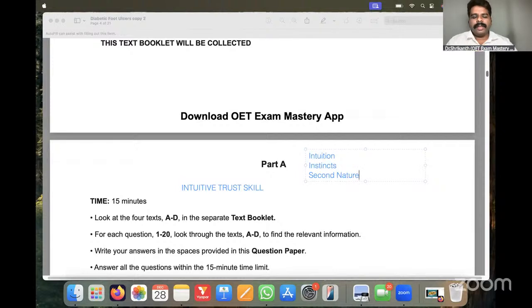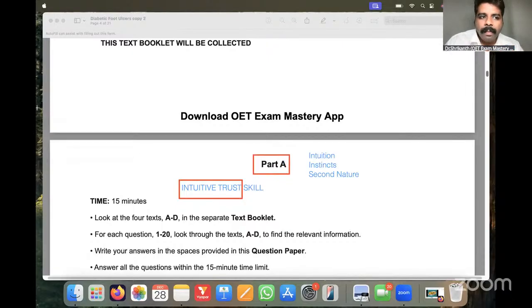When it comes to your intuition or your instincts, it is very important that you are in a position to trust your intuitions, and this is extremely important for OET Reading Part A. Because you know why? In OET Reading Part A, time is a luxury you cannot afford.